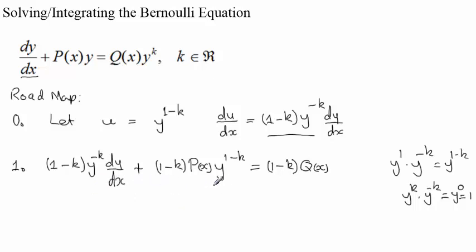Why am I saying that? Check. This is u, which is this part. So we can write this part here as 1 minus k, which is a constant, multiplied by p of x multiplied by u, equals 1 minus k multiplied by q of x.